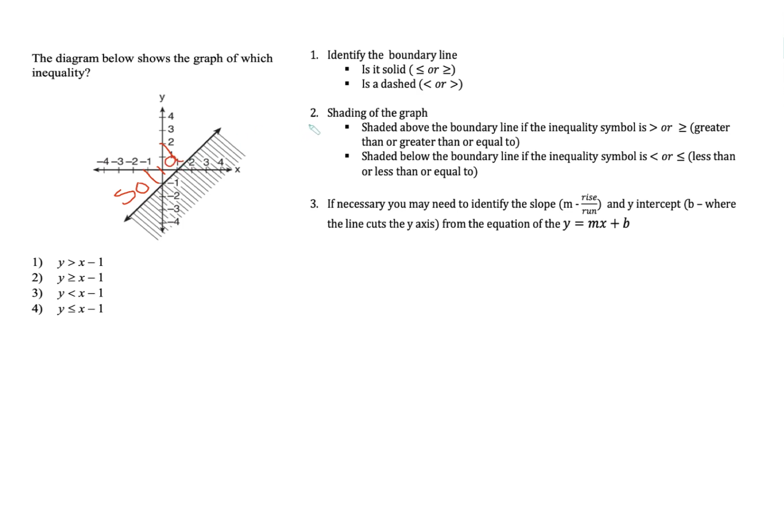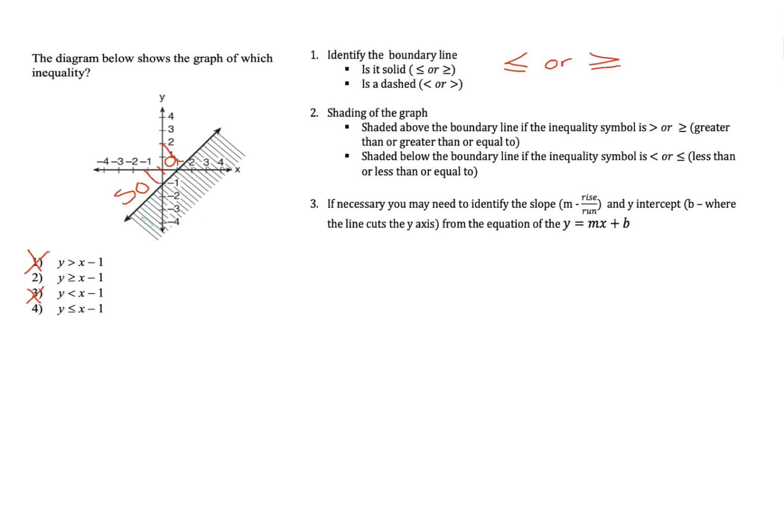If you have a solid boundary line, we're looking for the inequality symbols of less than or equals or greater than or equals. As I found my inequality symbols, I go to my answers and I start eliminating. So I can eliminate number 1 because that has a greater than symbol, and number 3 which has a less than symbol.